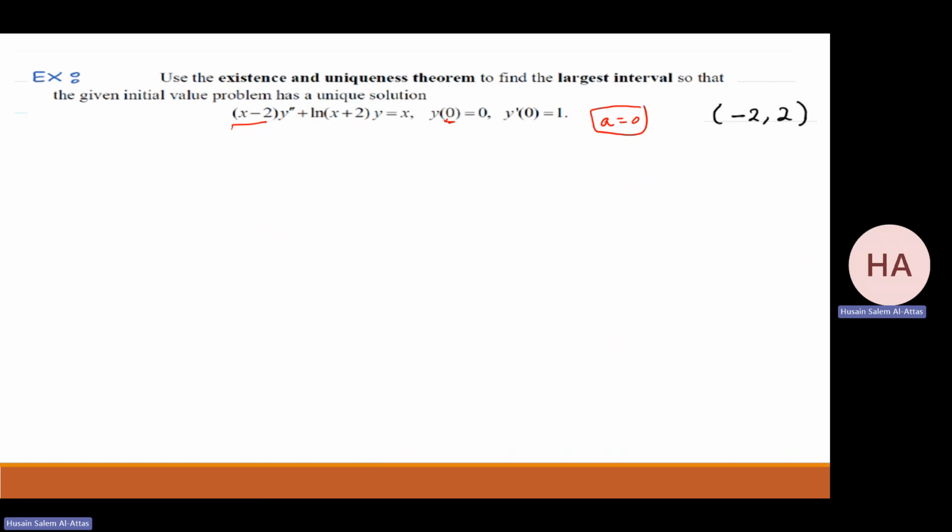So I will divide by x minus 2. So I have y double prime plus ln(x plus 2) over (x minus 2) times y equals x over (x minus 2). So how do I say that there exists a unique solution?